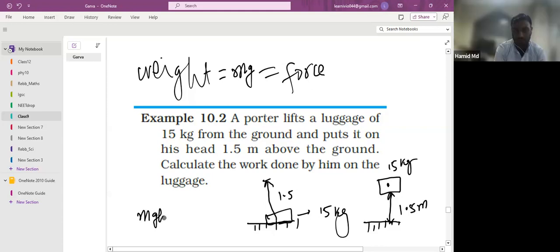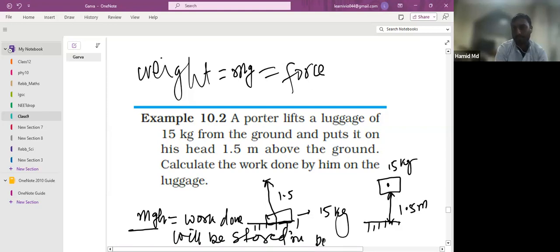Force into displacement, so the work done will be stored in potential energy. Got the point? Is it clear? No doubt?